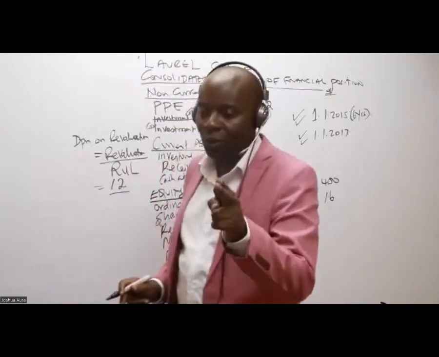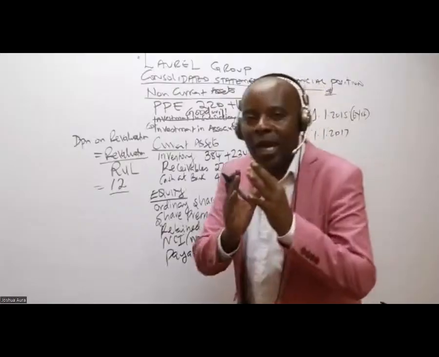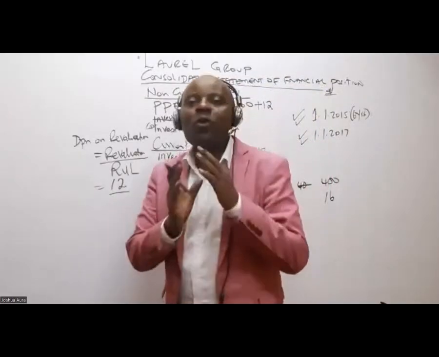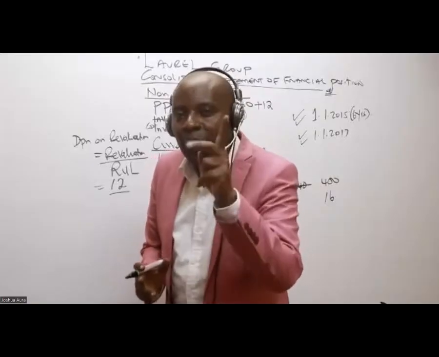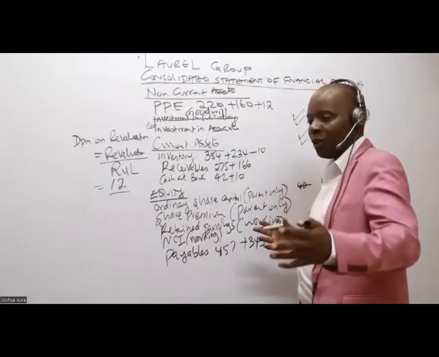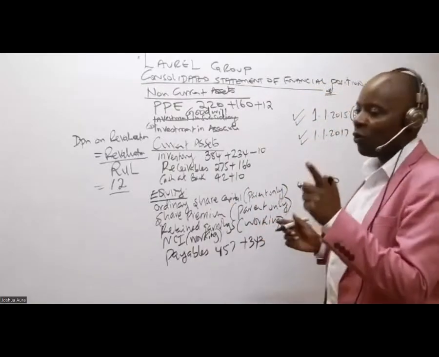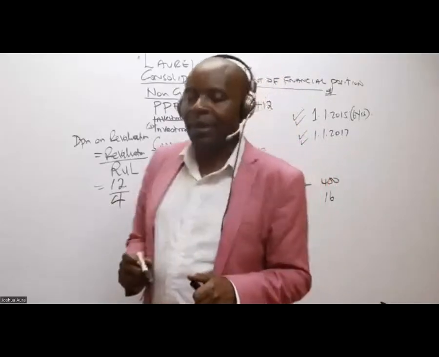Don't count 2017 because 2017 is at the very beginning. So by the time we are revaluing this, we have already consumed 2 years. So what is the remaining useful life? The remaining useful life is 4.